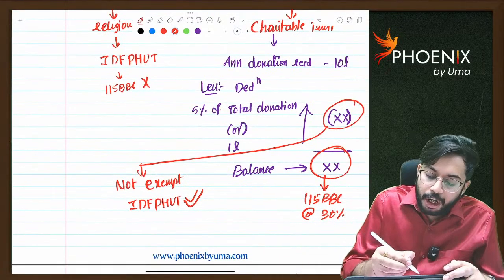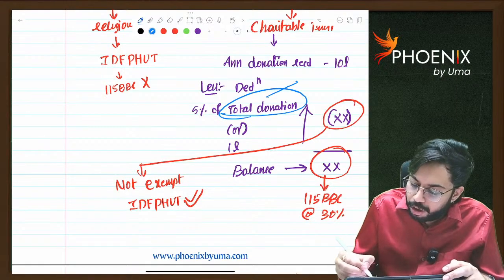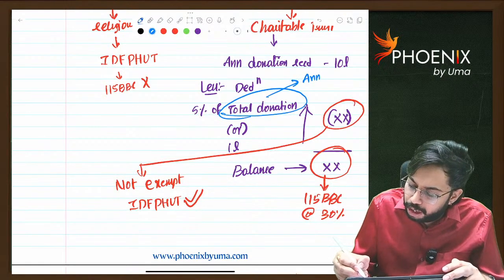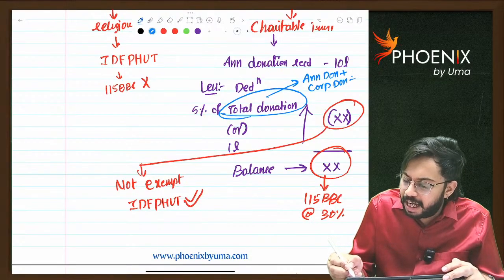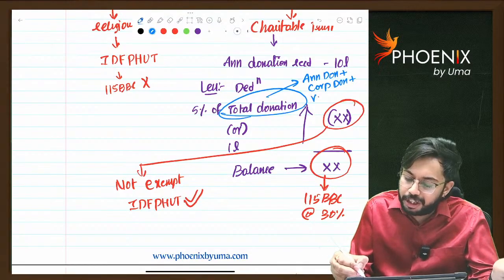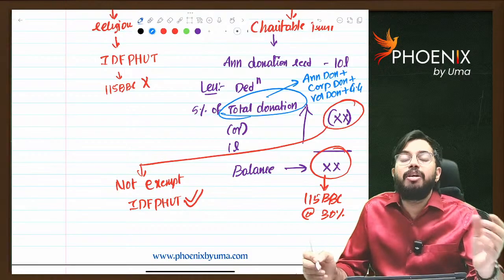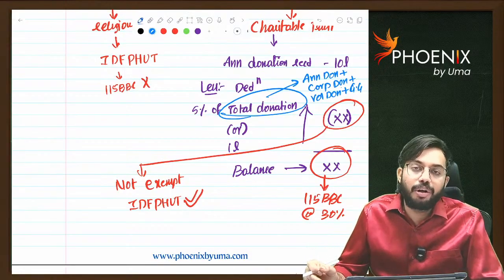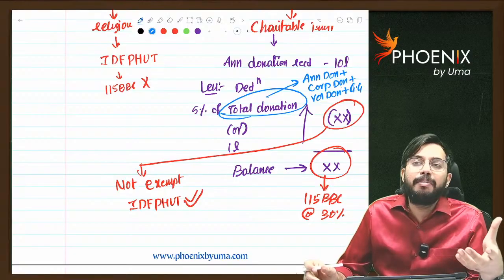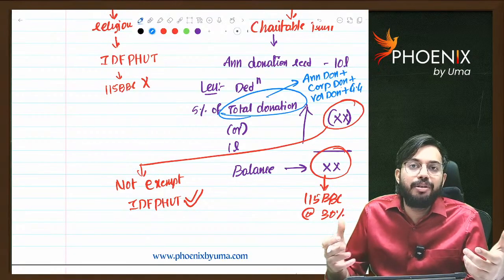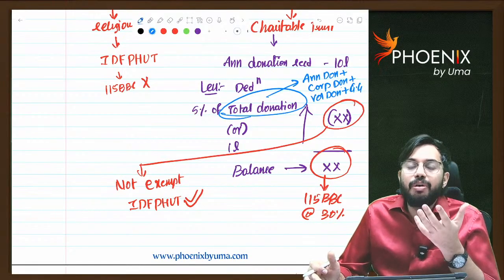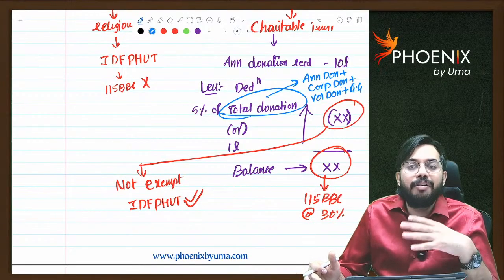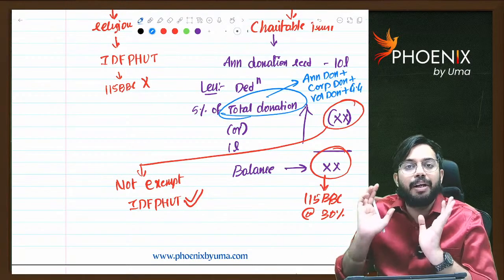Sir, what do you mean by total donation? Total donation includes anonymous donation plus corpus donation plus any general or voluntary donation. If any government grant was received, that is also to be considered in calculation of total donation. Why was this concept introduced? Many people are converting black money to white money using the trust concept. They say an unknown person gave this much amount and bring that money to the trust.